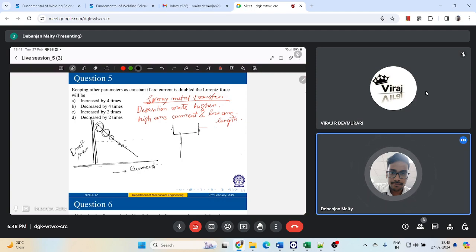If this is my electrode, it will get tapered like this, and because of less area, there will be concentrated heat generation, or local heat generation, at that region.